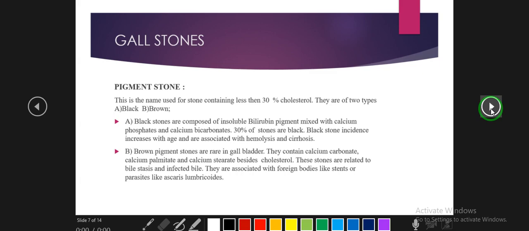The brown pigment stones are rare in gallbladder. They contain calcium carbonate, calcium palmitate, and calcium citrate. Besides cholesterol, these stones are related to bile salt, bile stasis, and infected bile. They are associated with foreign bodies like stents or parasites like Ascaris lumbricoides.